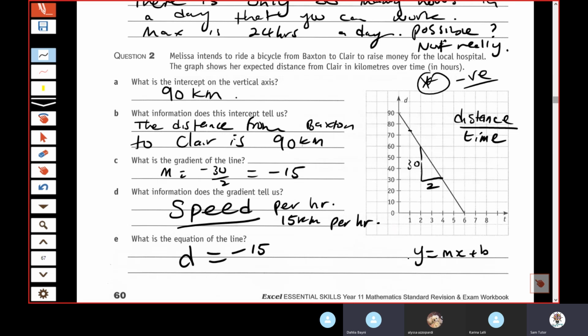And then x is your letter, that's your variable, t, plus your y-intercept. What's your y-intercept now? Where is it intercepting the y-axis? 90. And that would be the equation of that one.